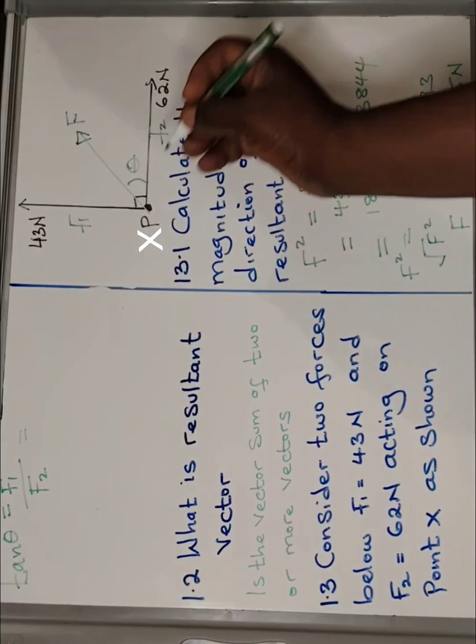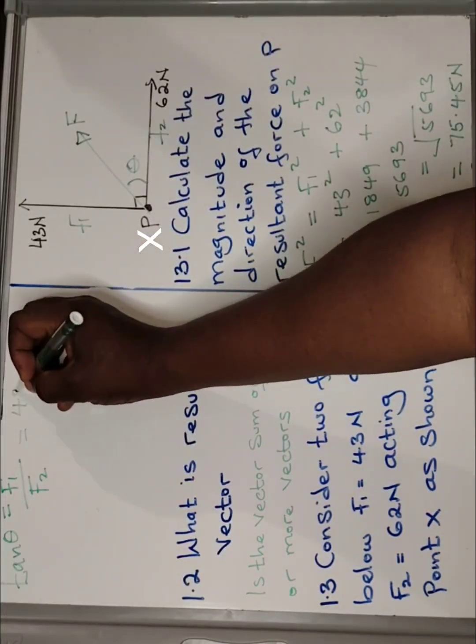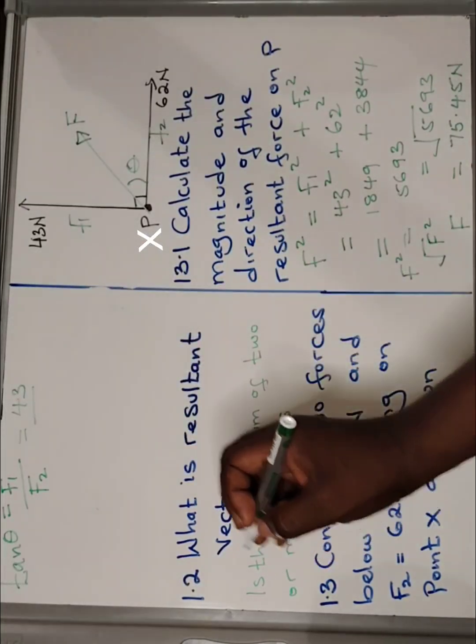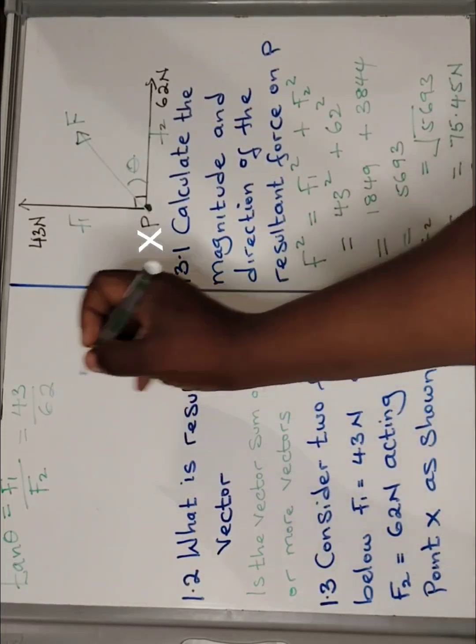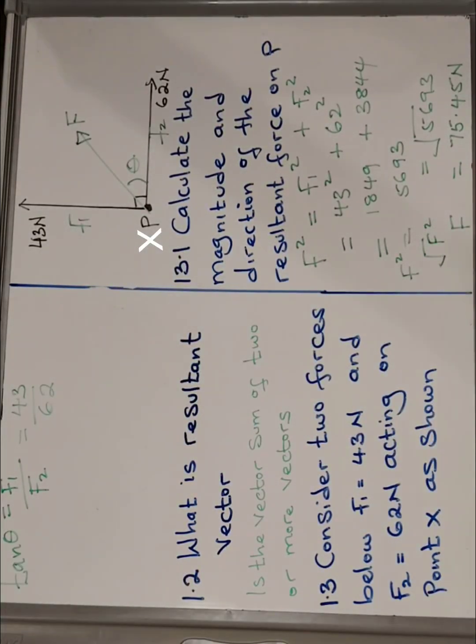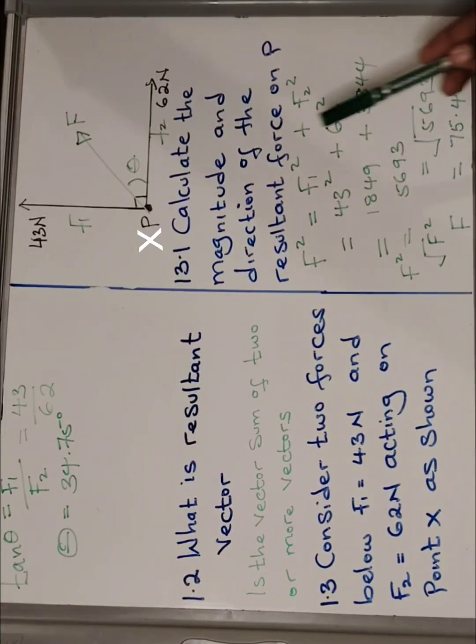F1 is 43. And F2 is 62. So when we press the calculator, let us see what we get. So there we are. Our theta happens to be 34.75 degrees to the horizontal. So all in all, we can say that our resultant force is 75.45 newtons acting at 34.75 degrees to the horizontal.